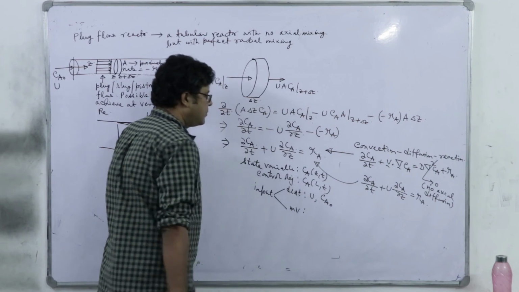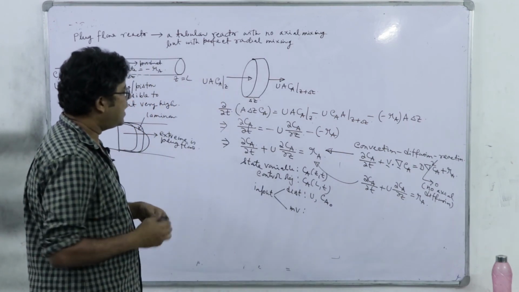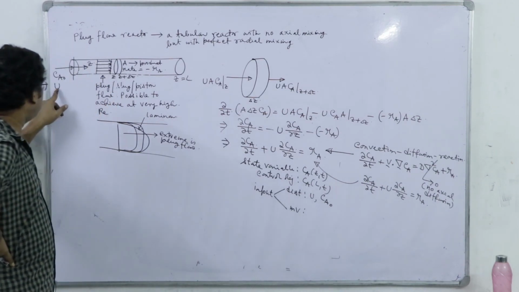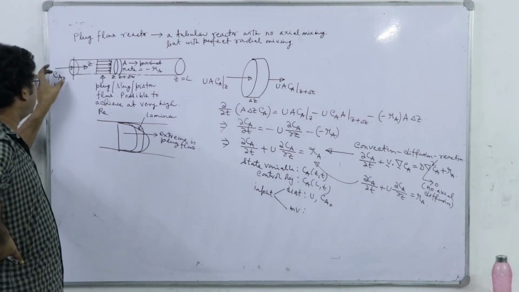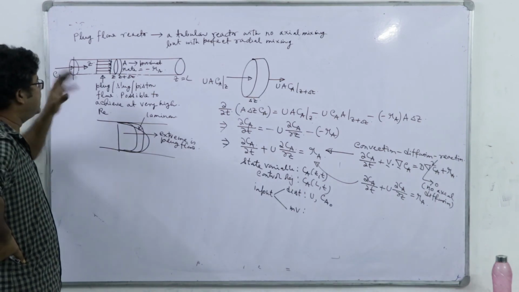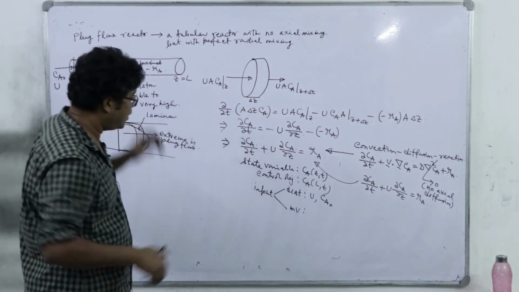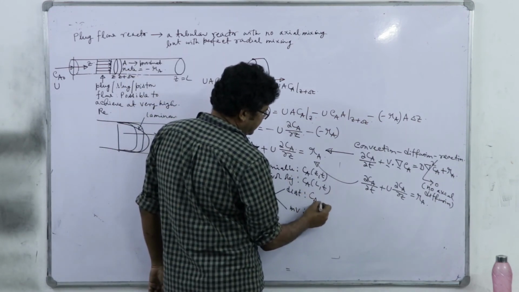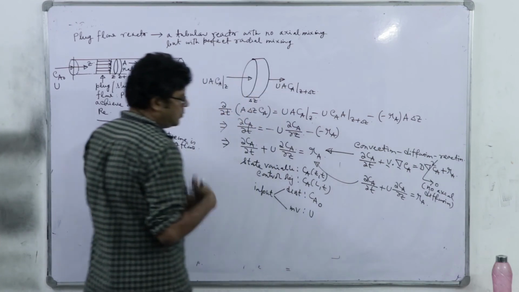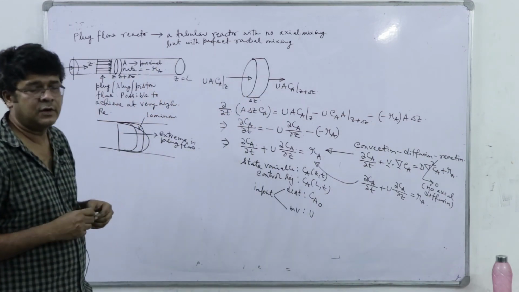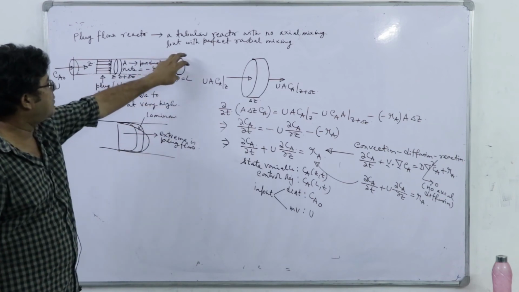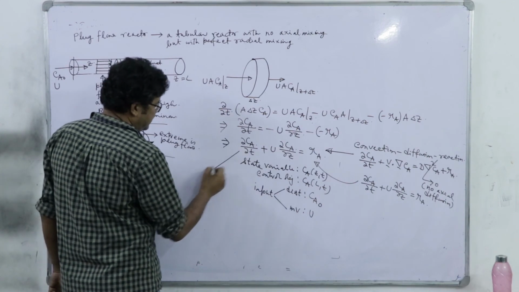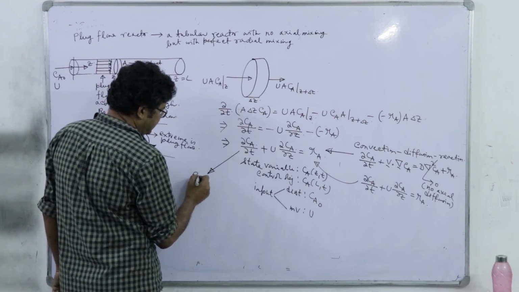Actually there is no manipulated variable left, so we have to think of u as the manipulated variable. Either u or CA0 could be manipulated, but CA0 is generally considered a disturbance, so the manipulated variable will be u. We will go on changing the velocity or flow rate, and accordingly the conversion at the outlet is going to change.